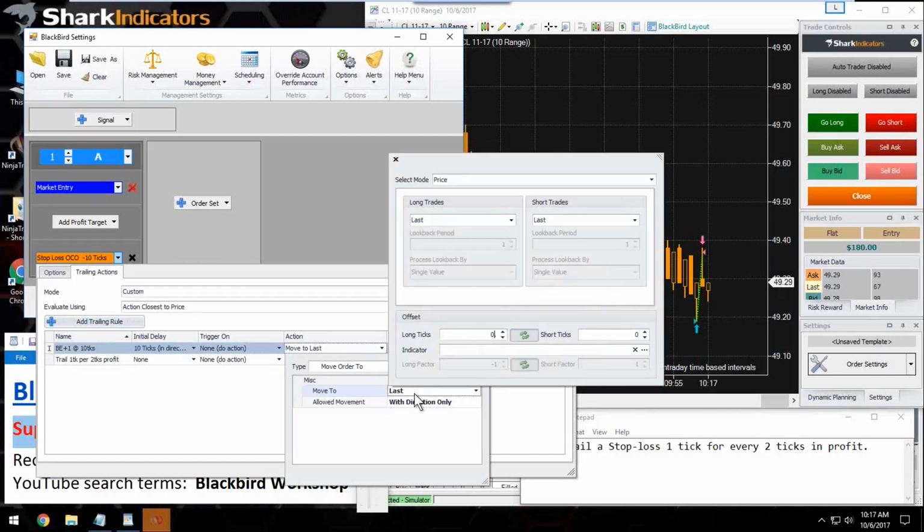Break even is just another way of saying the entry price. So we want to move our stop loss to the entry price, and then we want a plus 1 on that break even. So we'll just put a positive 1 on the long side there.